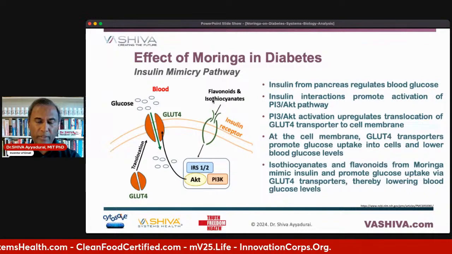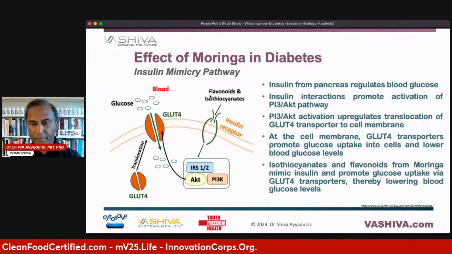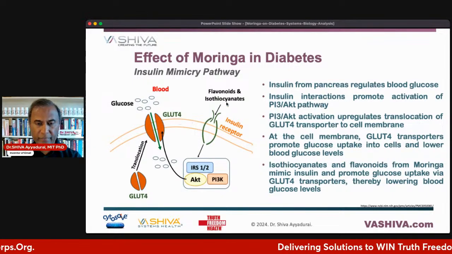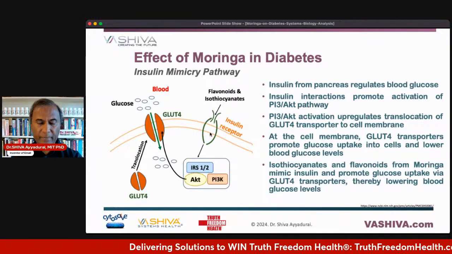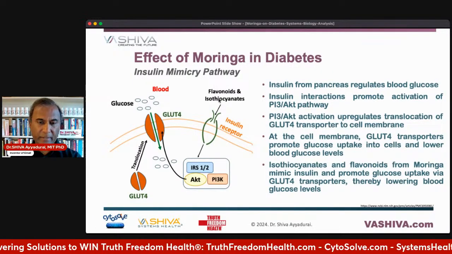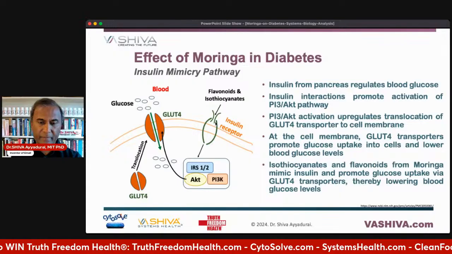So when you consume Moringa, the flavonoids and isothiocyanates in Moringa, so here's the cell surface, go to the insulin receptor. So this receptor thinks insulin is coming to it. So it's mimicking insulin, these flavonoids and isothiocyanates.